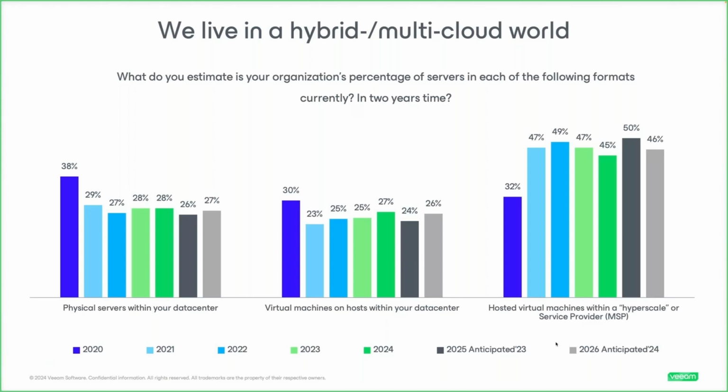So, starting back in 2020 and physical servers in your data center, we can see a pretty significant decline with that over the last few years. No surprises there. Virtual machines on hosts within your data center, a little bit more, still a decline, but less so. But then what's really interesting is the hosted virtual machines within a hyperscale service provider like AWS, Microsoft Azure, Google Cloud, or within a regional or sovereign service provider.